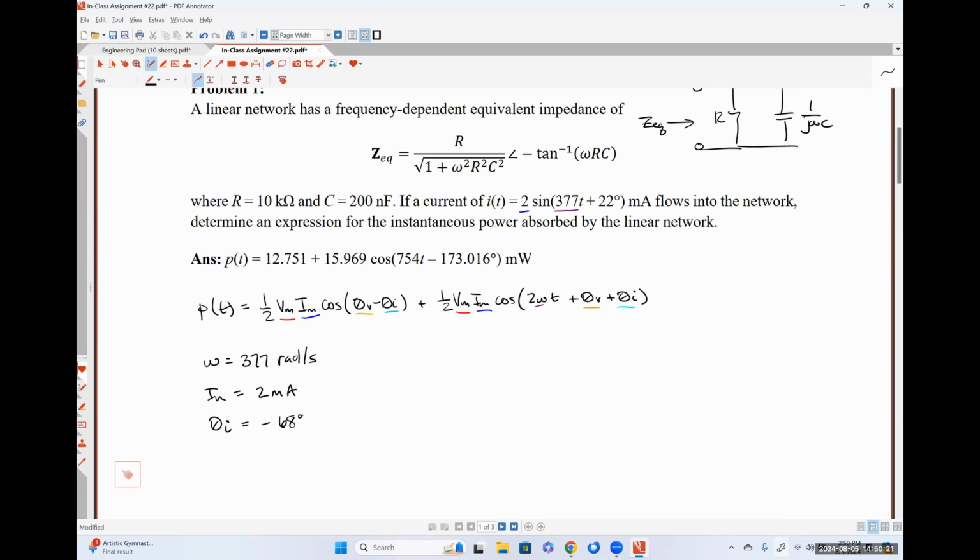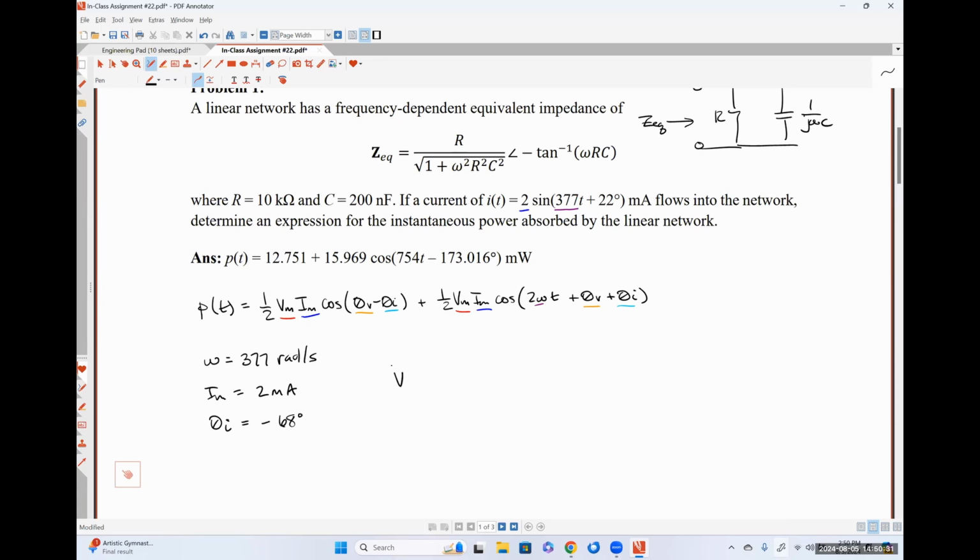Ohm's law tells us that the phasor voltage V is equal to the phasor current I times the impedance. So effectively, V is just going to be I times ZEQ. 100% correct there.